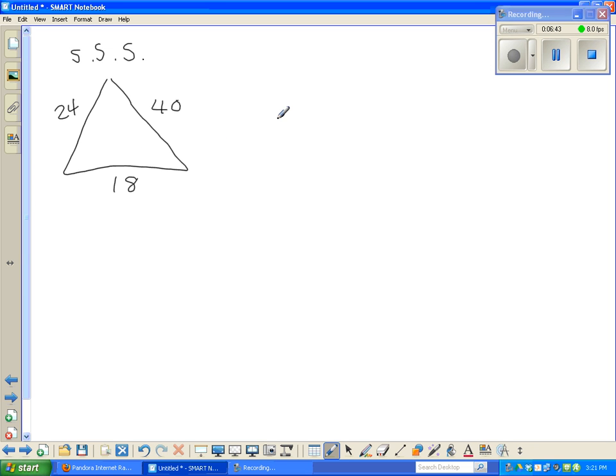When you are solving a side, side, side triangle, you're going to find the angle which is biggest. Find the biggest angle first. Write that. And how do I know which one is biggest?